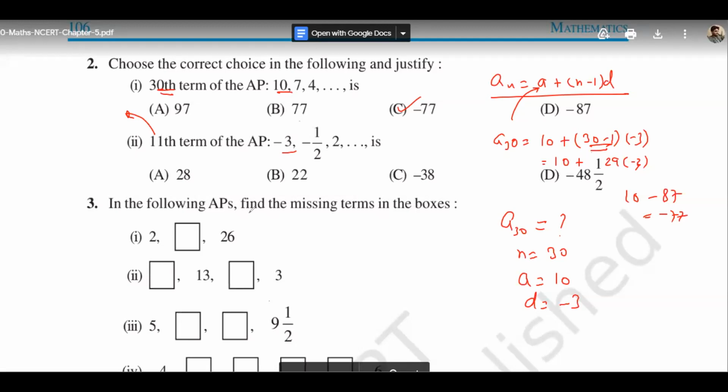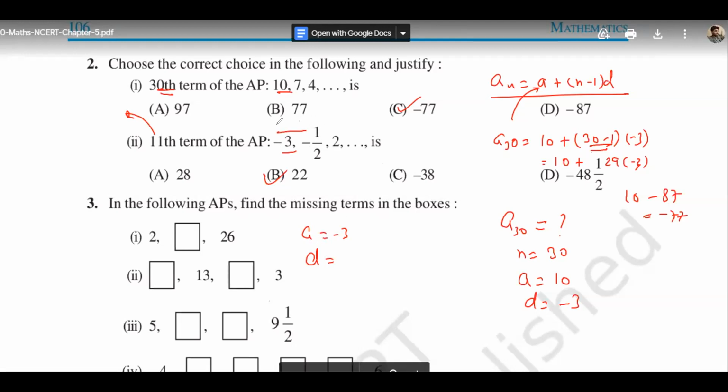So it's option B, 22. Okay. So we have this one as A is equals to minus 3. What would be the D for this equation? Plus 5 by 2.